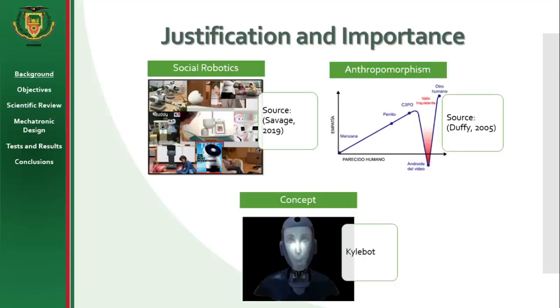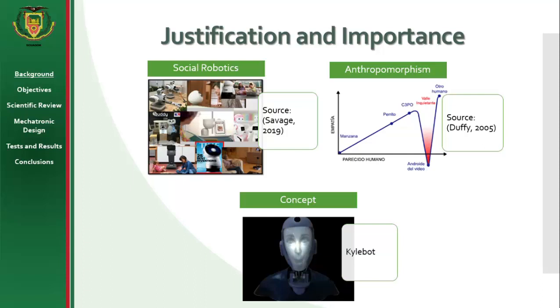Justification and importance. To define the concept of a robotic head, it is necessary to start from the definition of a social robot. A social robot is one that achieves communication with human beings, understands and even relates to people in a personal way. It also has the ability to understand humans and in turn make itself understood by them.